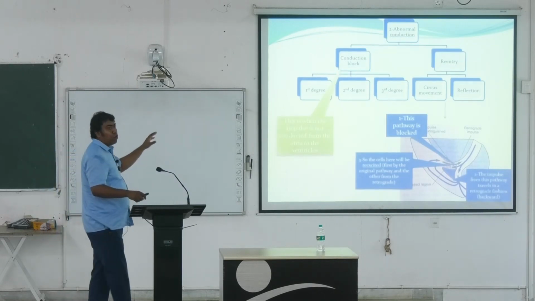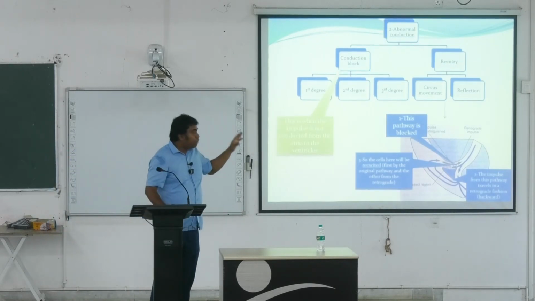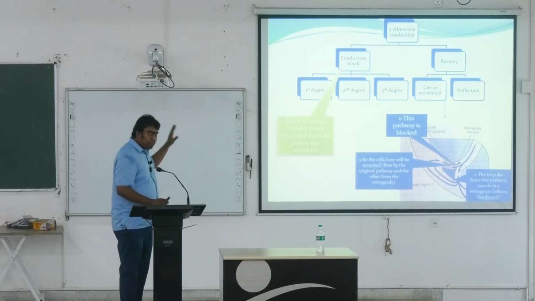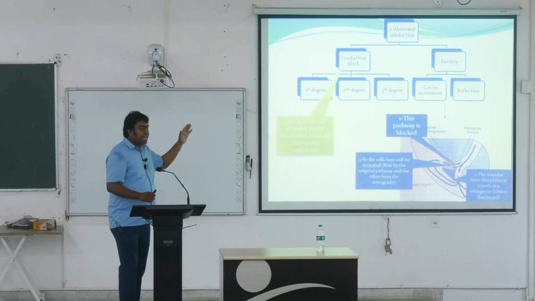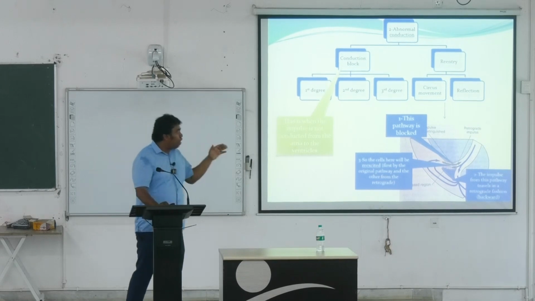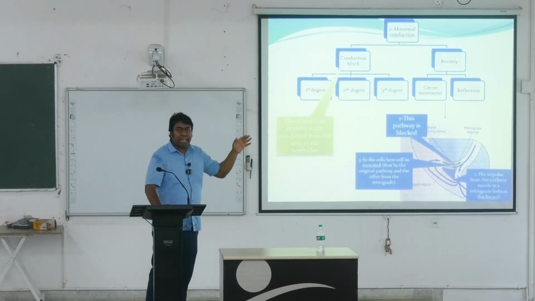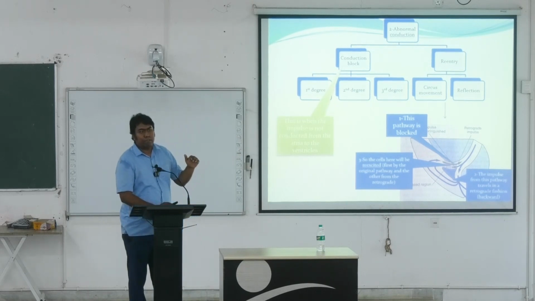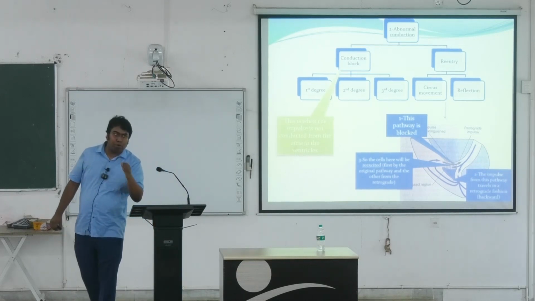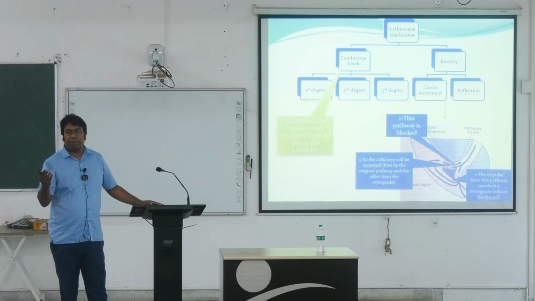Next one is abnormal conduction. Abnormal conduction can be conduction block, first degree, second degree, third degree block, or re-entry phenomena. If there is a block, first degree, second degree, third degree, what will happen?